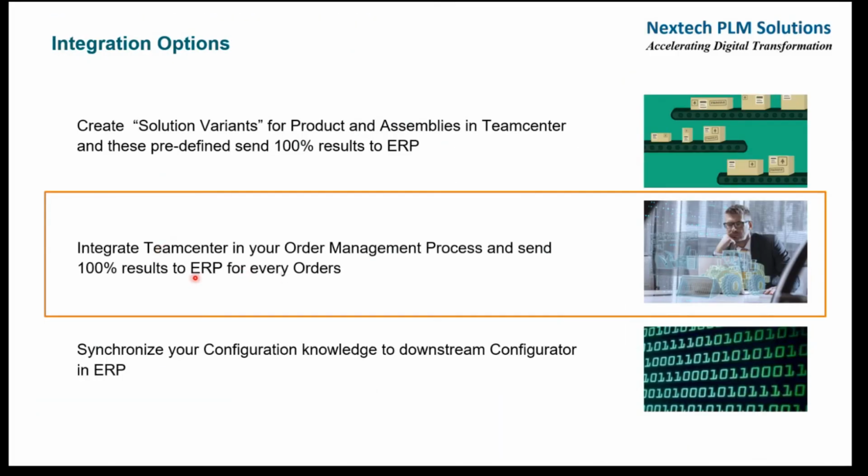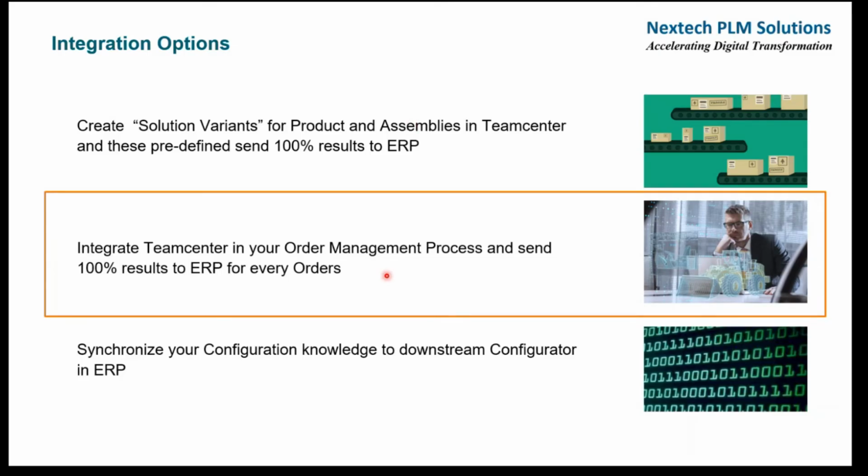Another option is to integrate Teamcenter in your overall order management process and send the result to ERP. In the earlier case, we sent the 100% BOM and all the manufacturing was managed by the ERP.